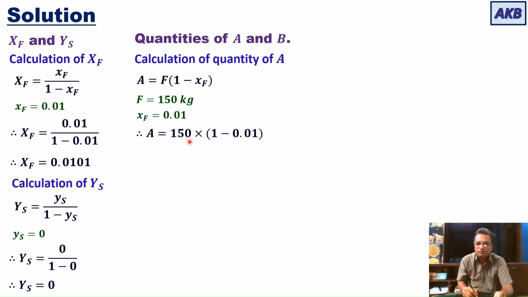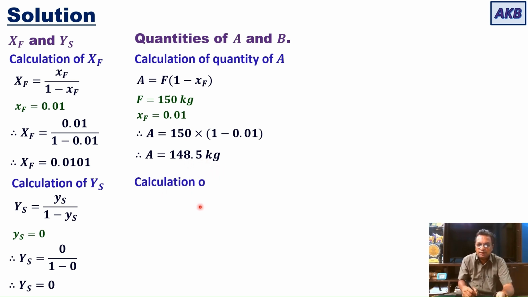Therefore, A will be 150 into 1 minus 0.01. Again, please understand here we have to use weight fraction. This will give us A as 148.5 kg.